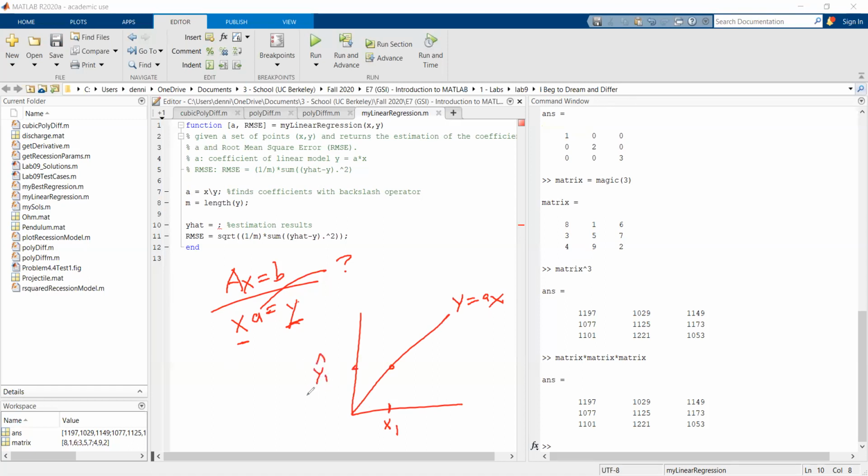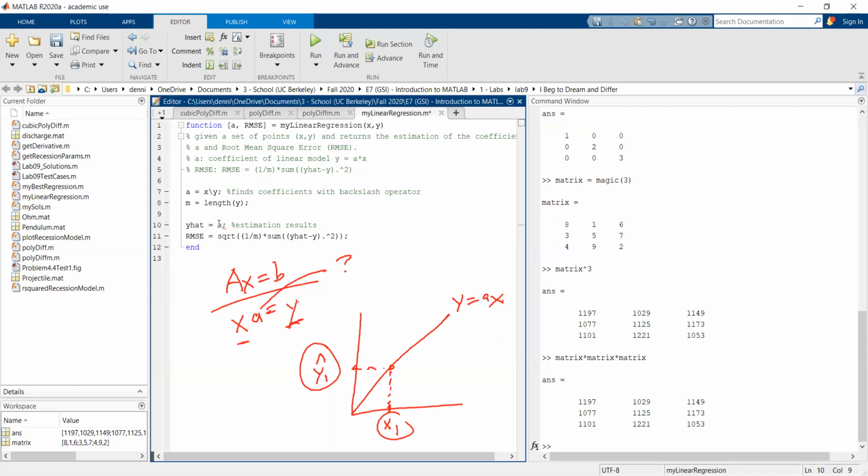The hat means an educated guess. It's our prediction. We start from x1, and then we get our y1. So all we need to do is take this a that we've received and multiply it by x. That's going to be our y hat.